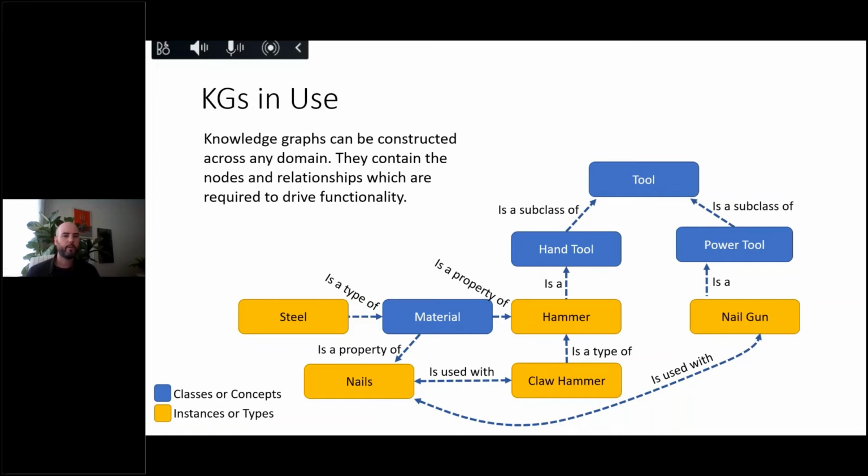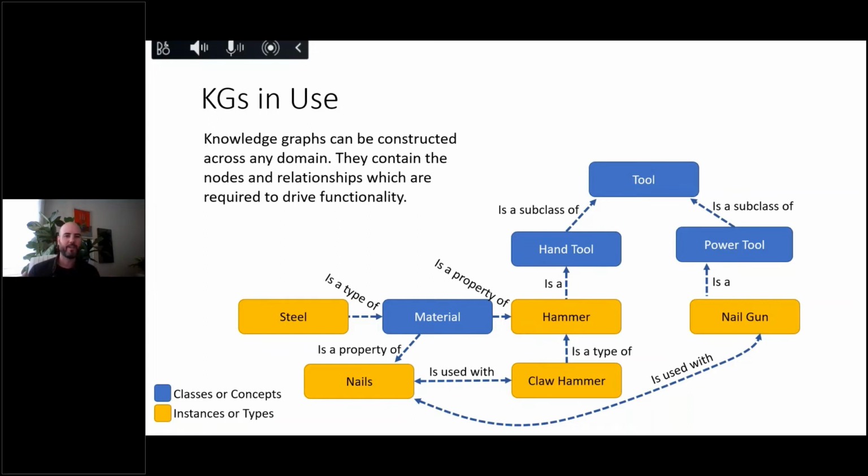So you have a node in here that says material. Material might be something we think of as more of an attribute within the product information space. But within a knowledge graph, all of these concepts are sort of equal on the page, and it's only the relationship which defines their differences. That allows an algorithm or machine learning software to understand how things are related in a more complex way than just hierarchically.